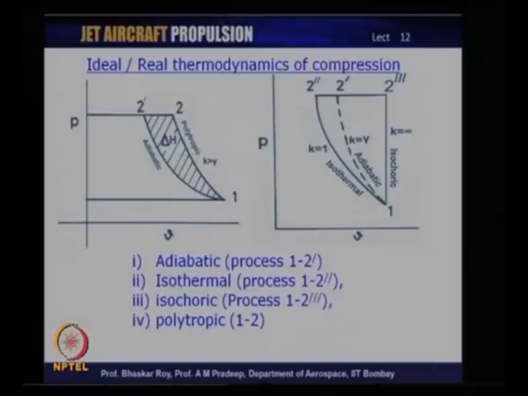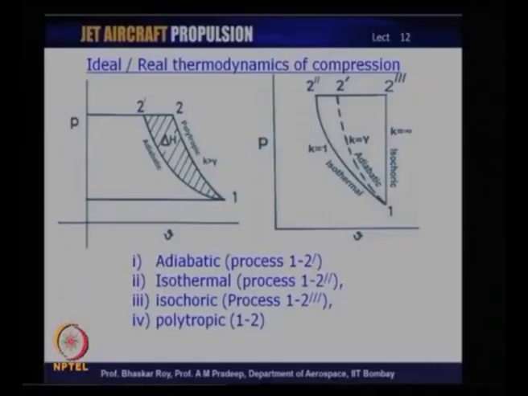Now, on the right hand side, you would see a number of other possibilities. In a PV diagram, you could have a process which is isothermal. In between, we have the process which is adiabatic, the so-called ideal process, and the third process, which is a theoretical possibility, is an isochoric process, where the specific volume remains constant and the pressurization goes from 1 to 2 triple prime.